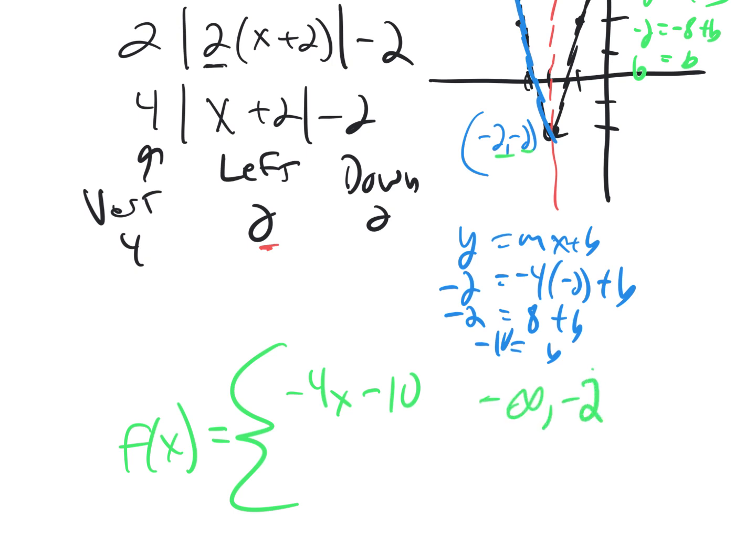And it doesn't matter whether it's open or closed here, but remember, you don't want to have it closed in both places. So the other piece, the positive slope side, was 4x plus 6, and because I closed it at -2, I'm going to have it open at -2 here. And there we go. There's a piecewise defined function. That easy.